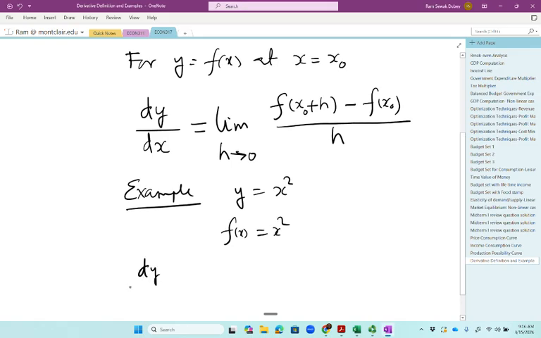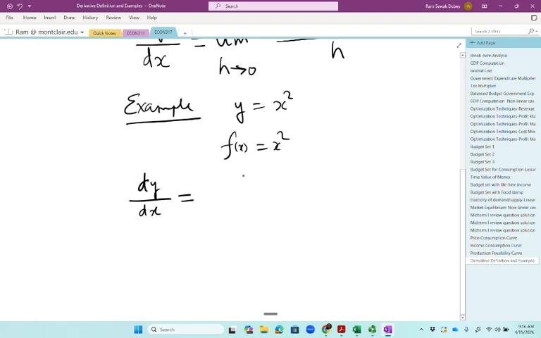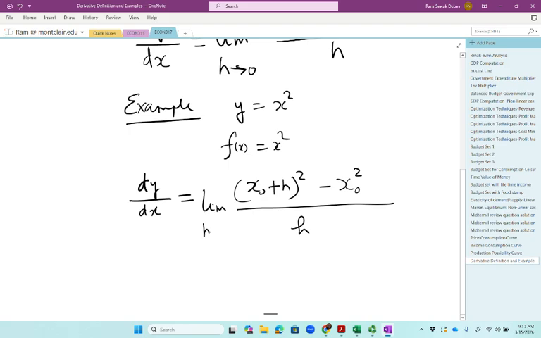The derivative dy over dx is equal to the function value at x0 plus h, which is x0 plus h whole square, minus the function value at x0, so x0 square. I divide it by h and I take the limit h going to 0.